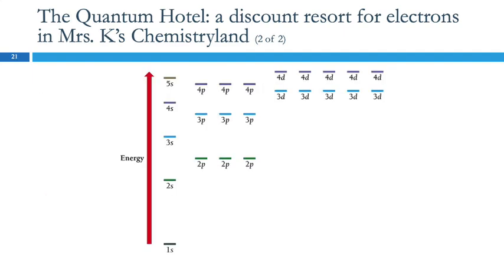Oh, I didn't need to go back because here's the slide I was drawing on before. So we could think of it as a big bus of electrons comes in and wants rooms. And the first electron that comes up to the front desk wants the cheapest room possible. And so he's going to get this bed.